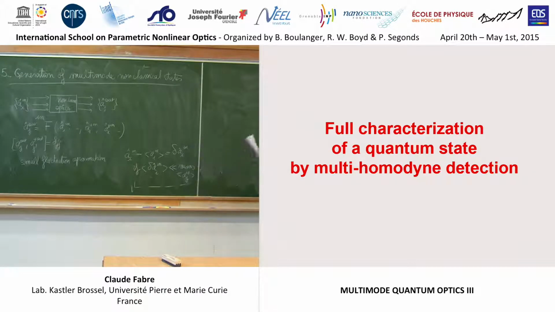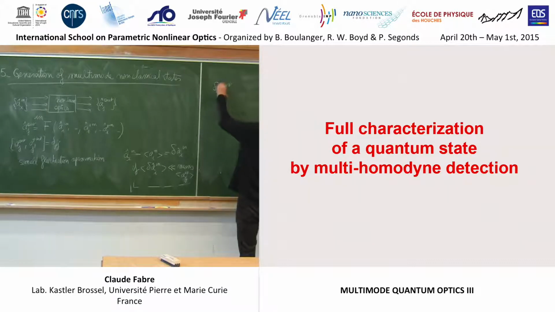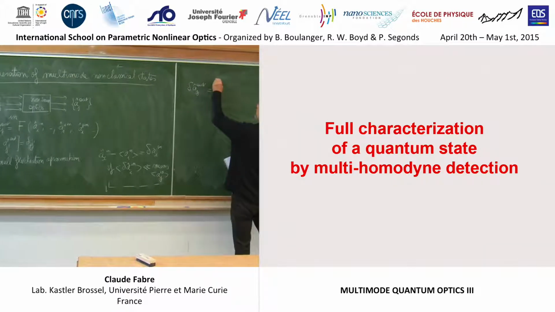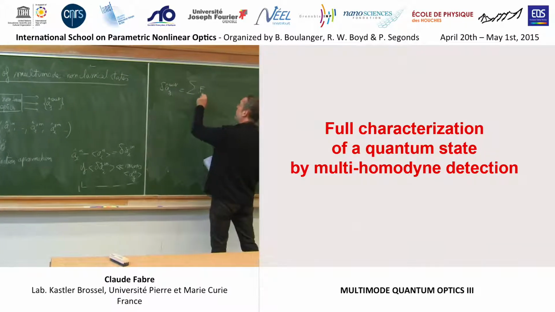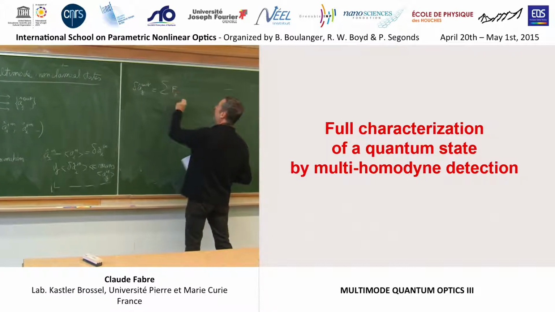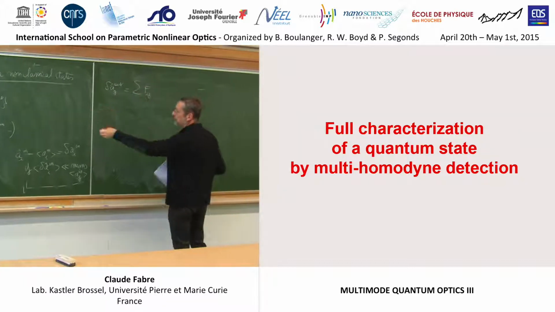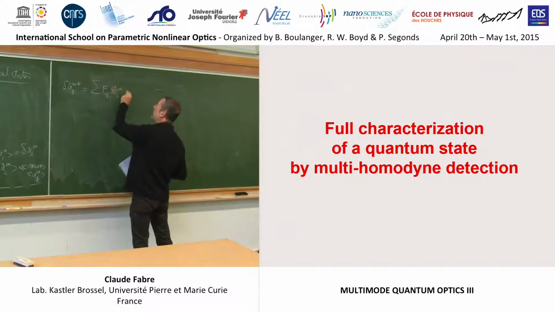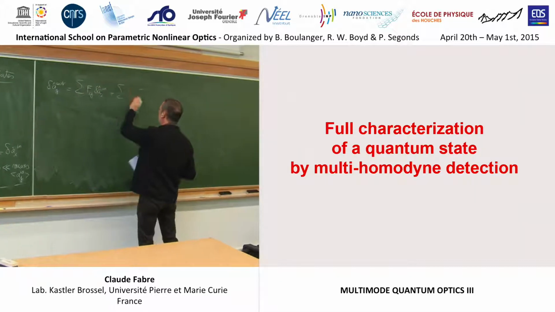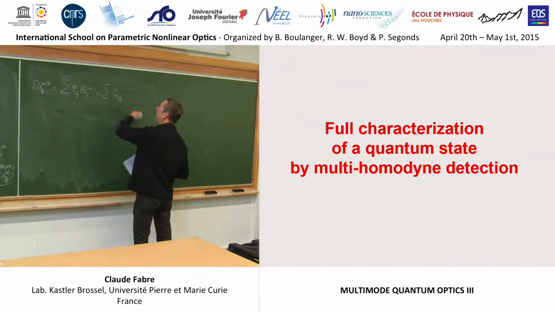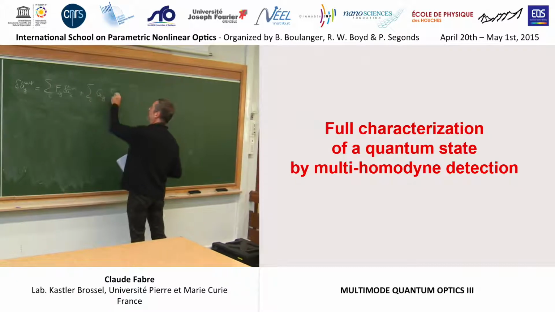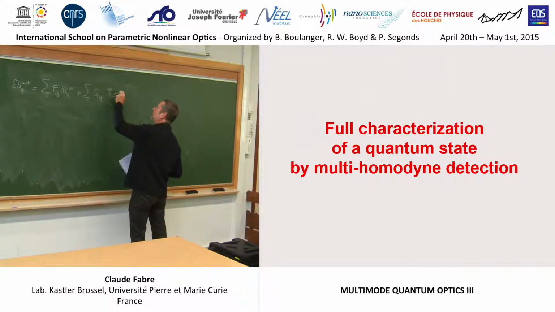In this case, you will have delta Aj out, where I remove the mean everywhere, which will be a sum of Fij, some value depending on the derivative, times delta Ai in, plus a sum of Gij times delta Ai in dagger.